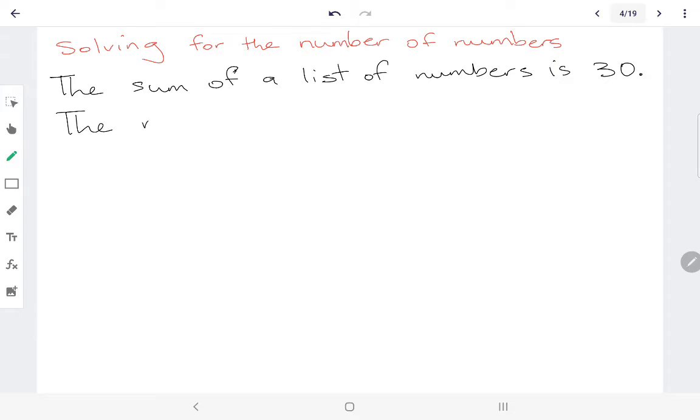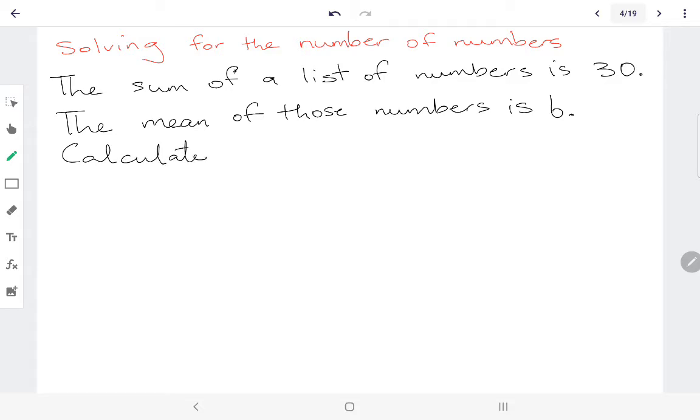The mean of those numbers is 6. I want you now to calculate the amount of numbers in the list.